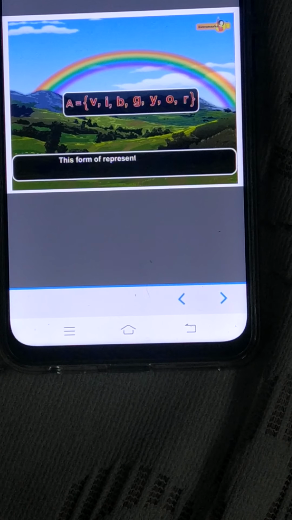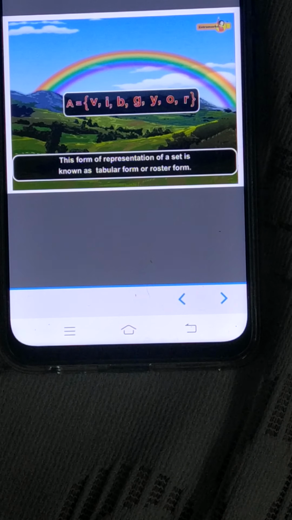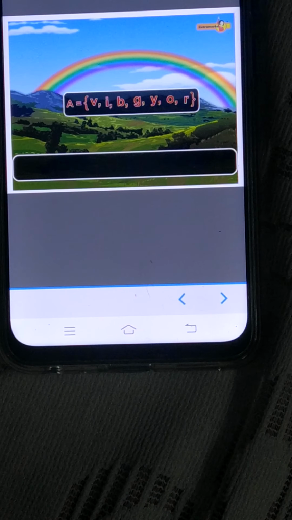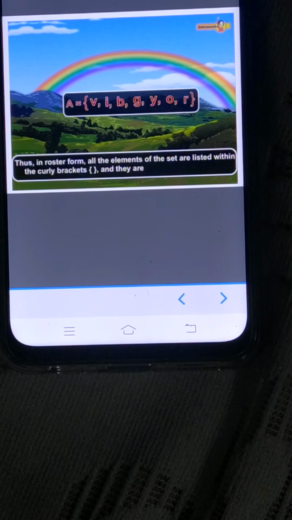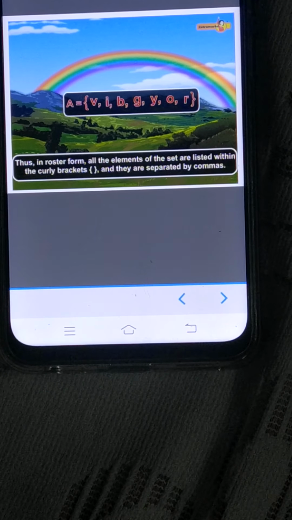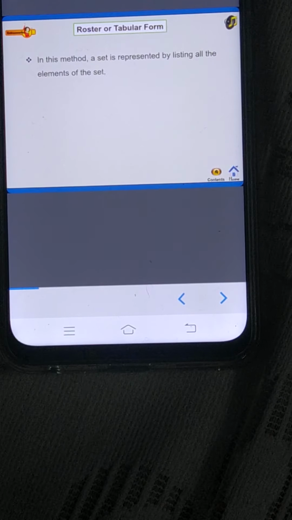This form of representation of a set is known as tabular form or roster form. Thus, in roster form, all the elements of the set are listed within the curly brackets and they are separated by commas. Roster or tabular form.